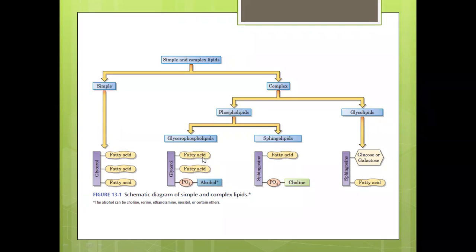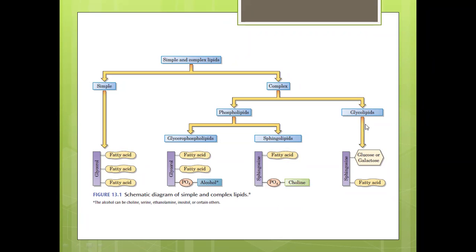You can see on the structure that it looks like the simple glyceride, but instead of a fatty acid on one of the glycerol positions, you have it replaced with phosphate and another alcohol. In the sphingolipids, there is only one fatty acid, but instead of glycerol, you have sphingosine, and then you have the phosphate group and choline.